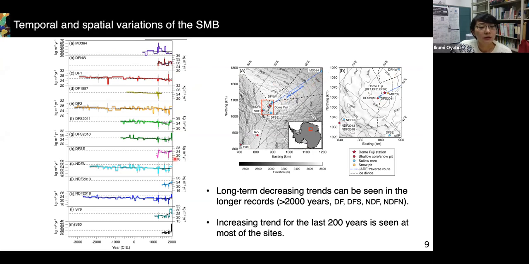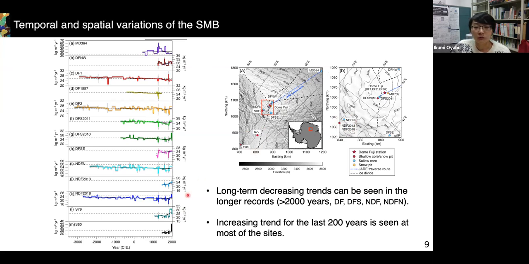DFSE is located southeast of Dome Fuji. And NDFN and NDF sites are located about 50 kilometers south of Dome Fuji. And S79 and S80 are located further south of Dome Fuji station.